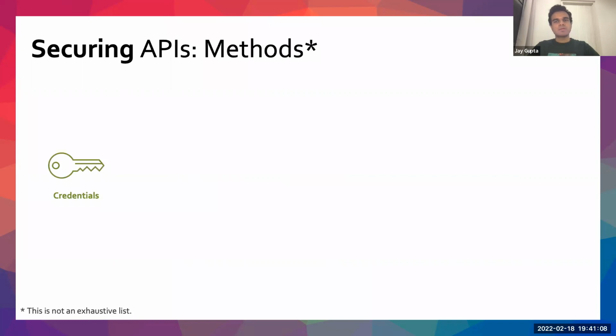Now, there are many ways that credentials can be formed. The most basic method is called basic or bearer. So this is a very straightforward and easiest method. In this method, we are basically providing the API with two things, which is the username and the password, and they're encoded in base64.